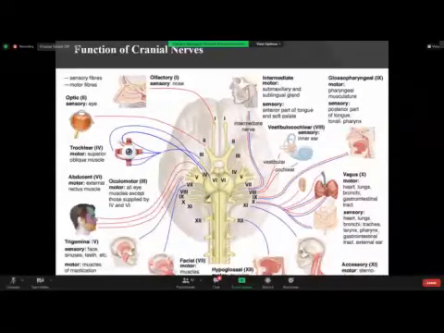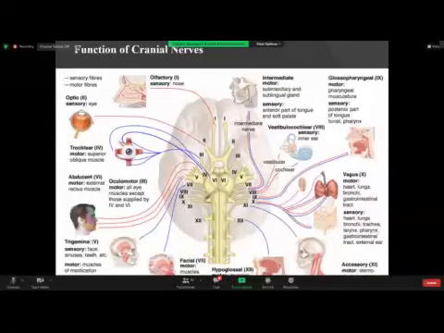Then you have the trigeminal, which gives the sensory information to these three regions of the face, and it plays a lot of other functions. It is not possible to discuss all of this in such a short time. Then we have the facial nerve.